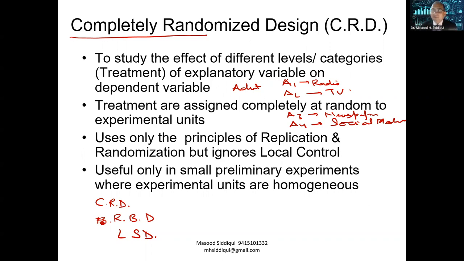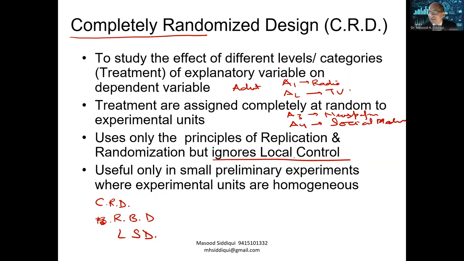As the name suggests, here treatments are assigned completely at random to the experimental units. There is no bar, there is no control. Since we have full randomization, it does not have the third characteristic, which is known as local control. So it uses only two principles of research design: the principle of replication and the principle of randomization.